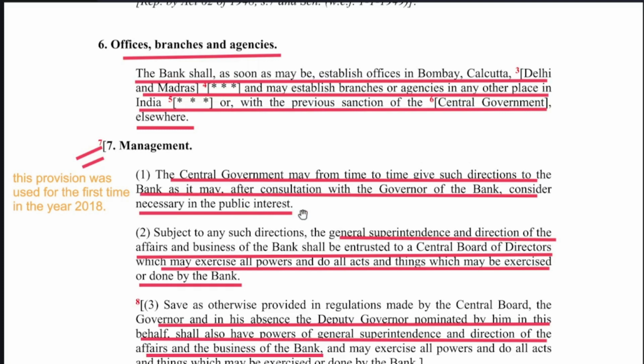Now, right from its inception, right from its birth, RBI had never received directions from the central government under Section 7. In other words, the central government had never invoked Section 7 to give directions to the Reserve Bank of India. But this trend was broken in the year 2018, when for the first time the central government gave directions to the Reserve Bank of India with respect to the management of the various banking institutions.